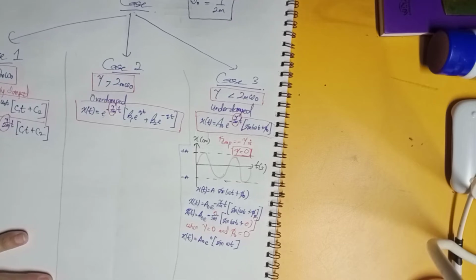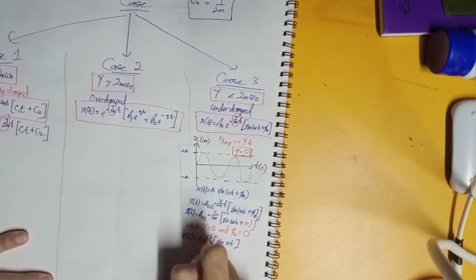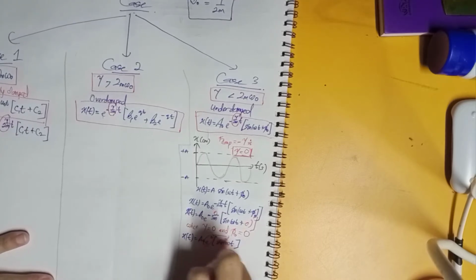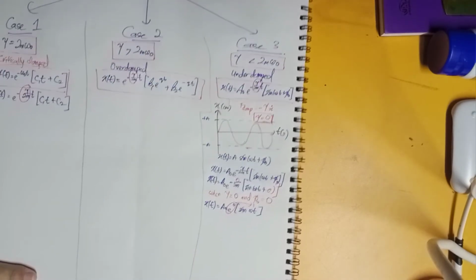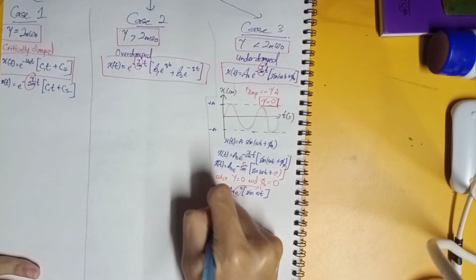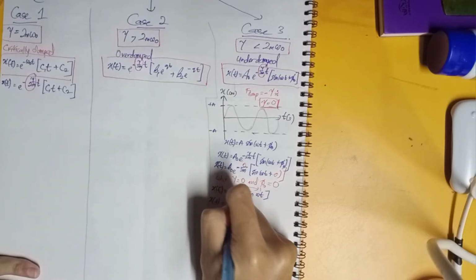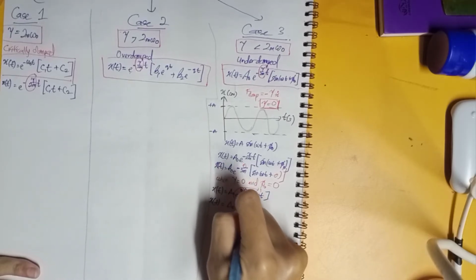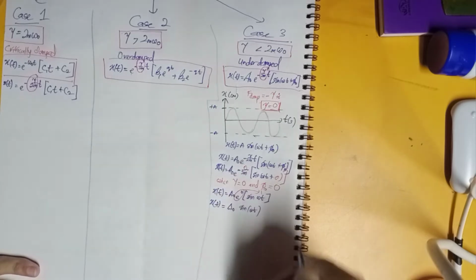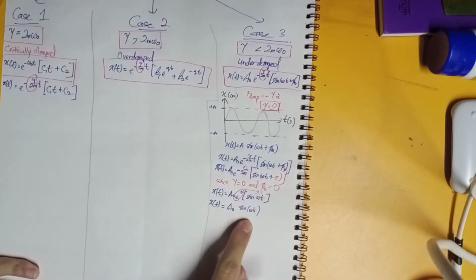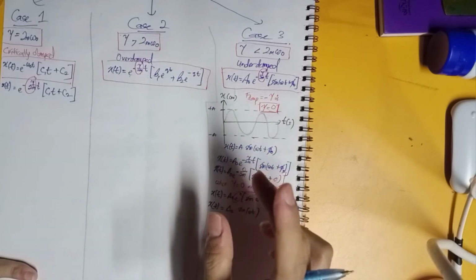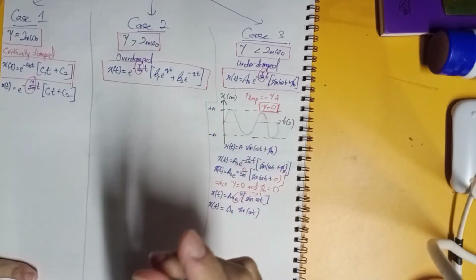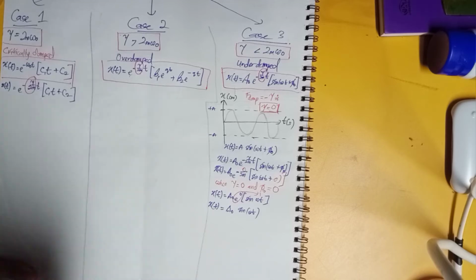So finally we get that, we know that the exponential power of 0 is equal to 1, sorry. So finally we get that x(t) is equal to A naught sine omega t. So this actually represents simple harmonic motion. This is the proof that the system oscillates in simple harmonic motion.